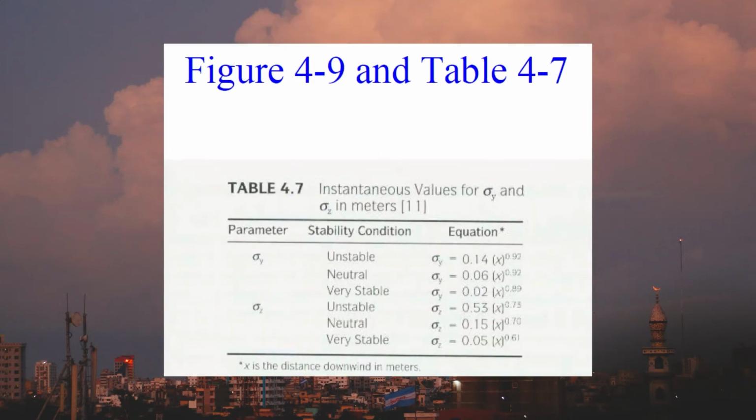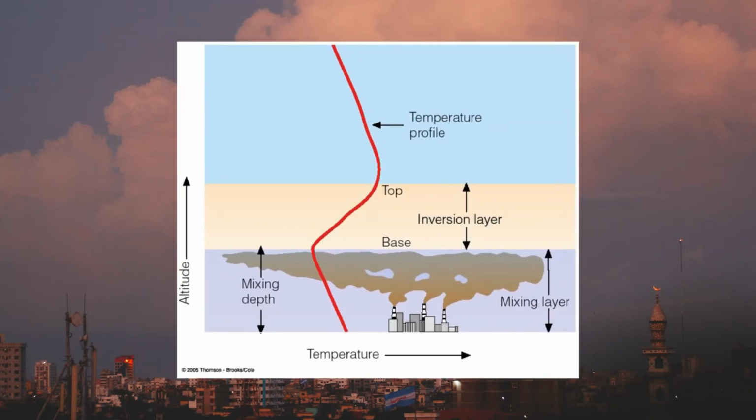Here there are some examples: if it is a neutral atmosphere, this is the stability coefficient. And this is a sort of atmosphere where there is an inversion layer. This is the lapse rate. As the altitude increases, the temperature decreases, but at some point there is a temperature inversion.